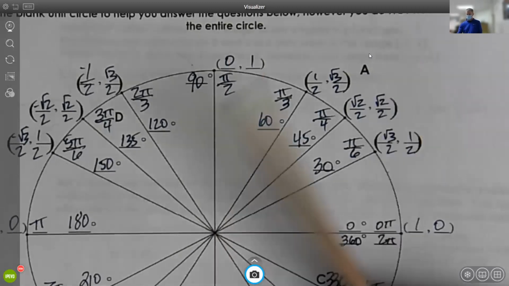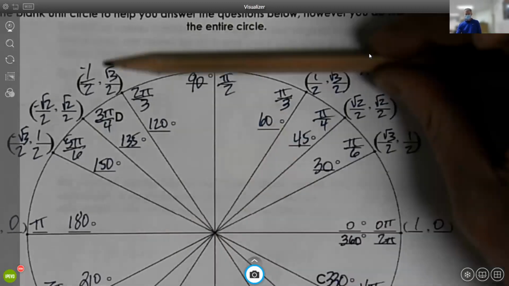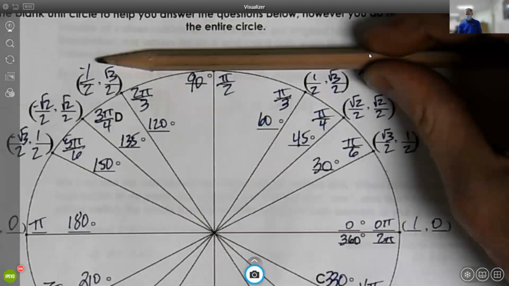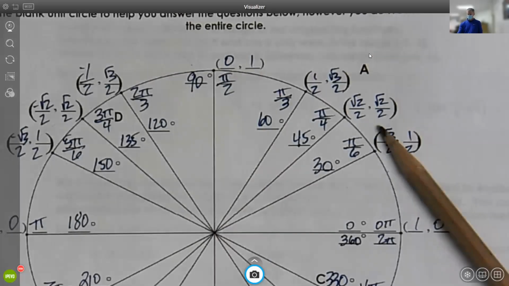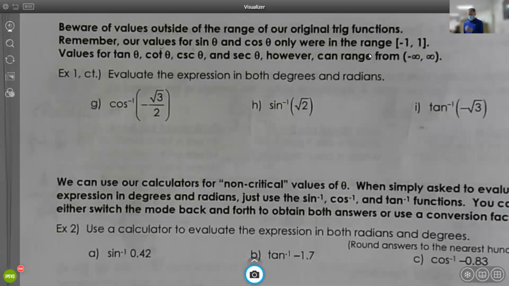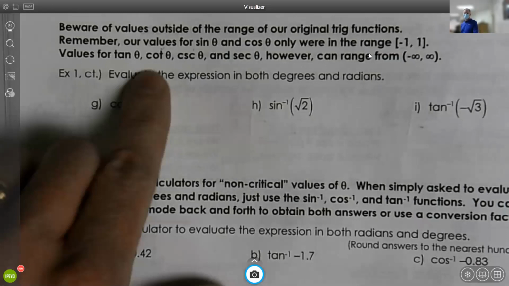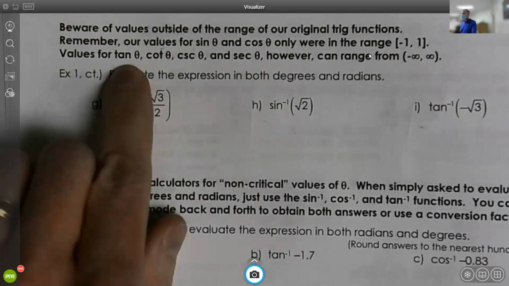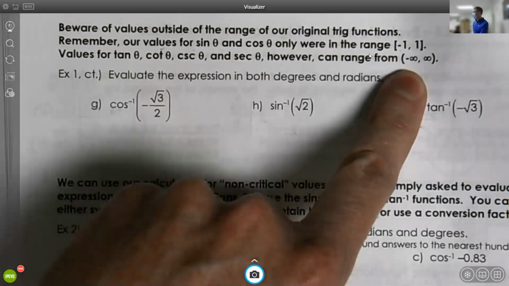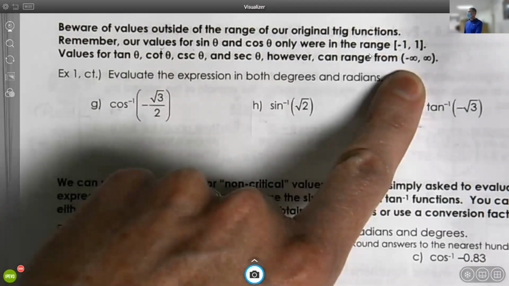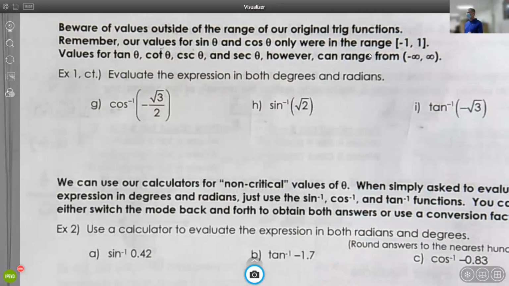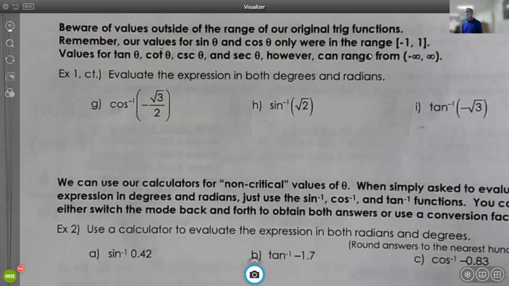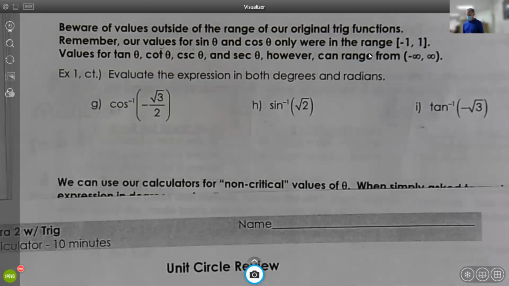No y value is bigger than here. So all your answers are smaller than 1. When you do that, though, you can get tangent values that are bigger than 1, right? Because you can do your y divided by your x. If your y value is big and your x value is small, you could get values that were greater than 1.